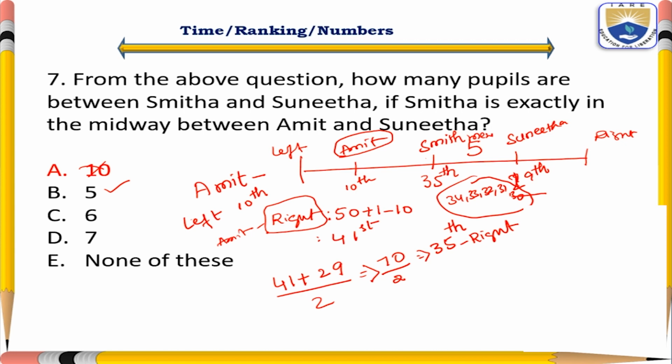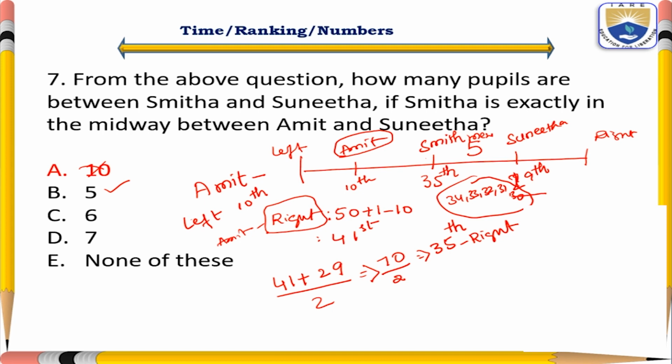So this is the way to calculate the midway person's position or the number of people between. One thing we have to remember is that we take the average value of both persons' positions to calculate the midway person's position, and both persons' positions must be either left positions or right positions.